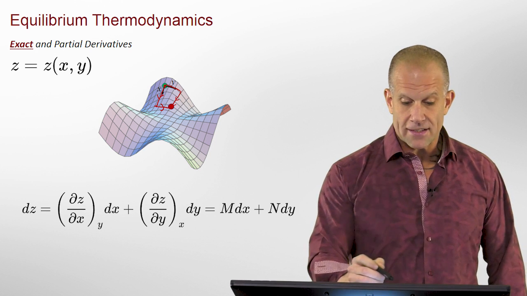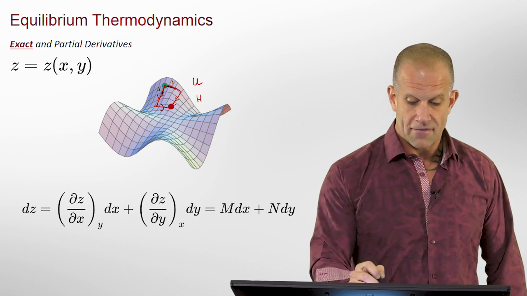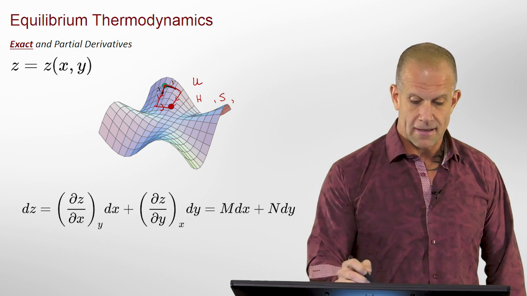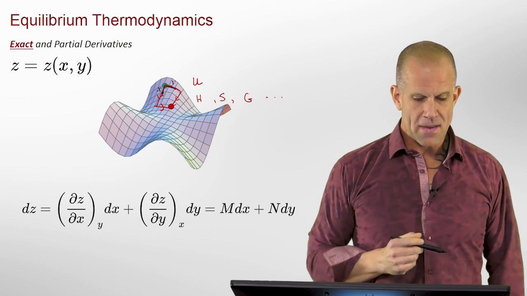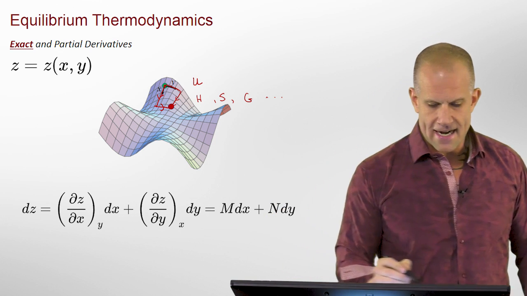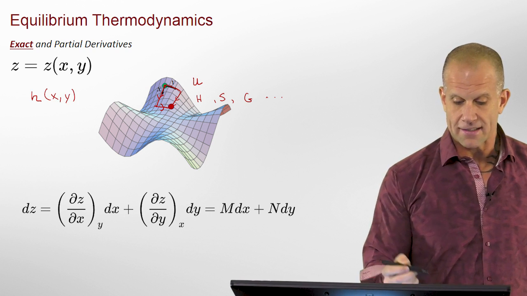So if this was the internal energy, the enthalpy, the entropy of the system, the Gibbs free energy, etc., it's not dependent on path. The analogy I like to use often here is the height of a system, which can depend on x and y coordinates.